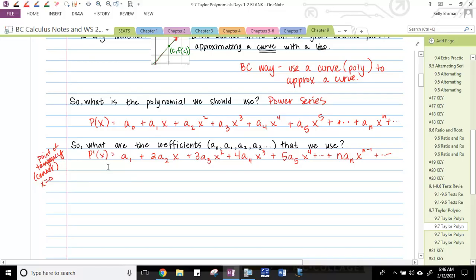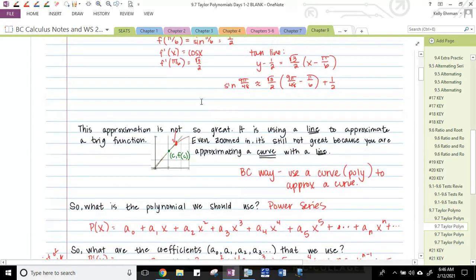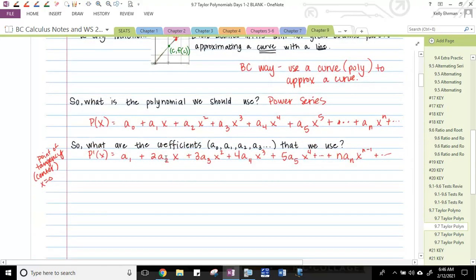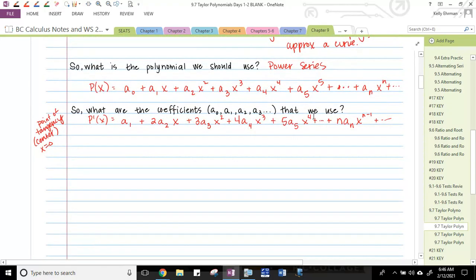All right, so back here when I did my tangent line approximation, the point that I plugged into f prime was pi over 6 because that was the point of tangency. So let's plug in 0. That's my point of tangency. What does this p prime of x become? If you plug in 0 for x, all of these terms drop away except for the constant term, a sub 1.